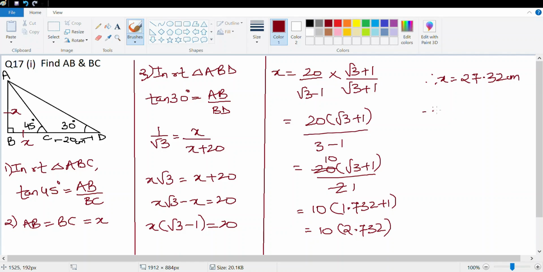Therefore AB is equal to BC is equal to 27.32 centimeter. That's what we had to calculate. Done. Let's look at the next one.